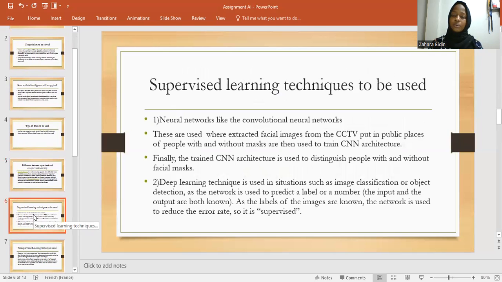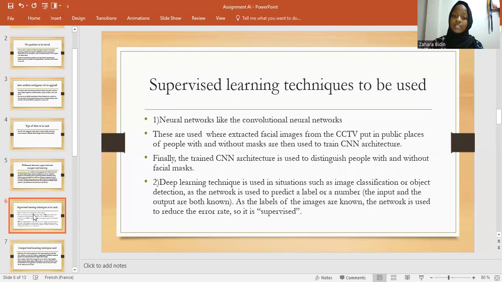For the supervised learning techniques to be used here, we should look at neural networks like the convolutional neural networks, the CNNs, and I've already talked about that architecture, which is trained to distinguish people with and without masks.